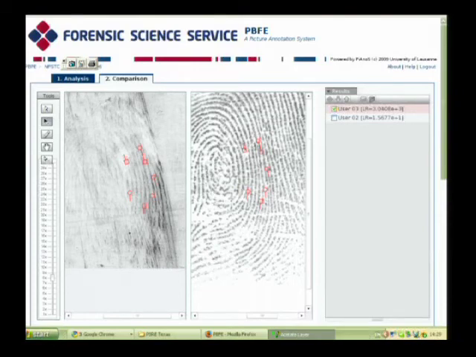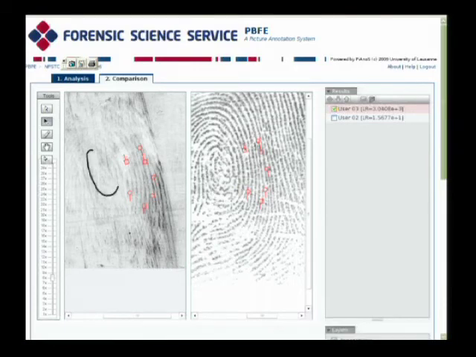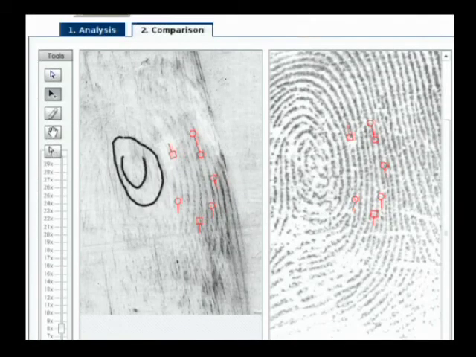As we noted before, we can see a general pattern, and we can certainly discern some ridge flow in this particular area, which appears to be very consistent with this ridge flow here. So this particular latent demonstrates how the likelihood ratio based solely on minutiae can be modified by the consideration of other features such as ridge flow, general pattern, dots, etc.